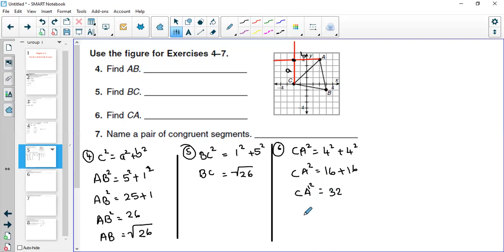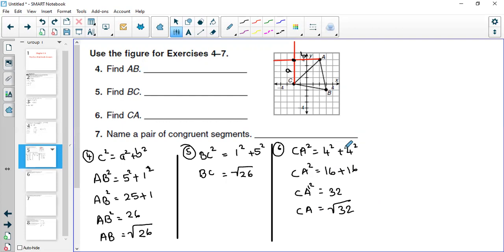So to remove the square, what I'm going to do is put the number inside the square root. So again, 32 does not have a perfect square. There's no number that you multiply by itself to get 32. So the distance between CA is going to be the root of 32.